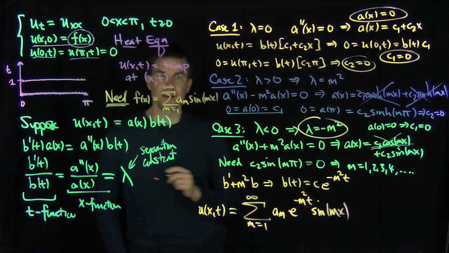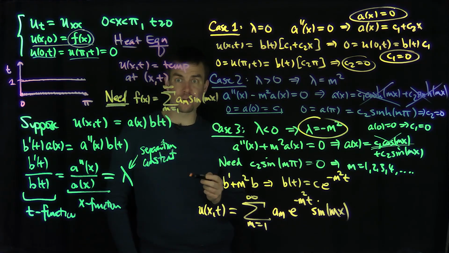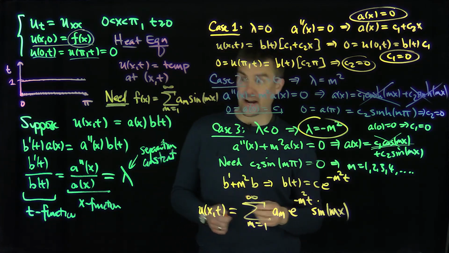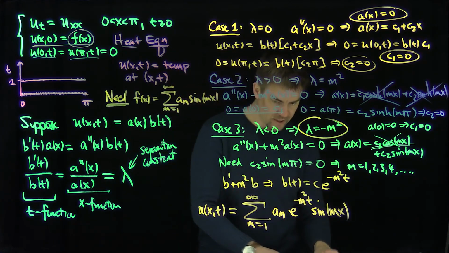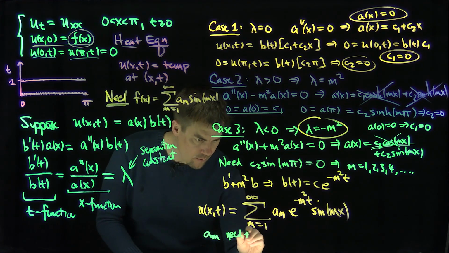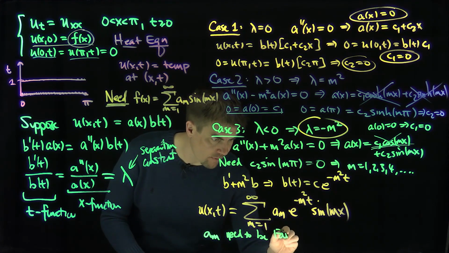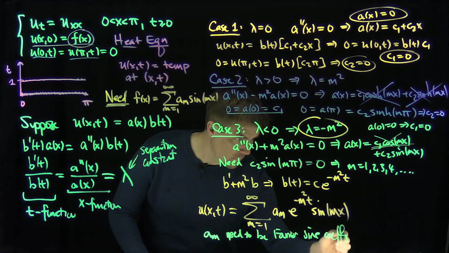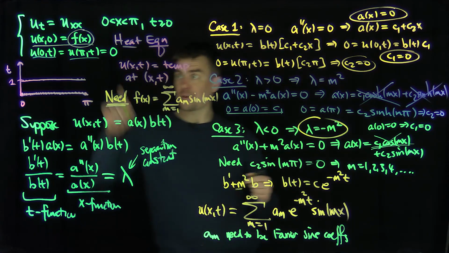And so, in other words, that's just the Fourier sine representation of f, and so we know those coefficients a_m have to be the Fourier sine coefficients. Okay? And of course, what are those Fourier sine coefficients in the interval 0 to pi?